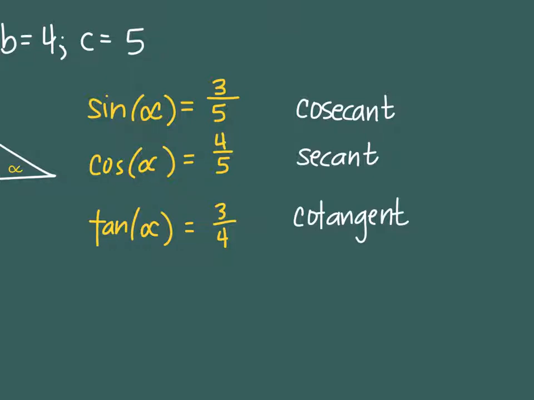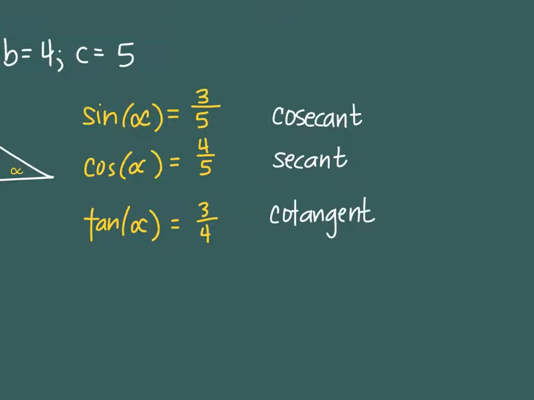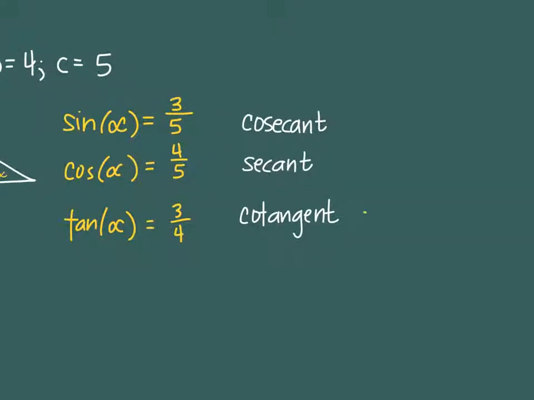We'll start at the bottom. Cotangent. The abbreviation for cotangent is COT. So what is COT alpha? COT alpha is the reciprocal of tangent alpha. So tangent alpha that Christina just found for us, cotangent of alpha is the reciprocal, so 4/3. All you gotta do is flip it and you're done.